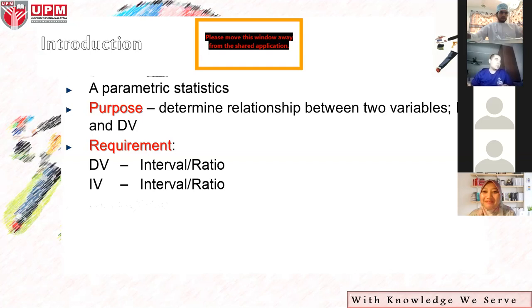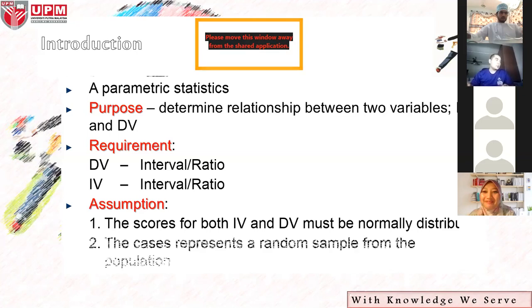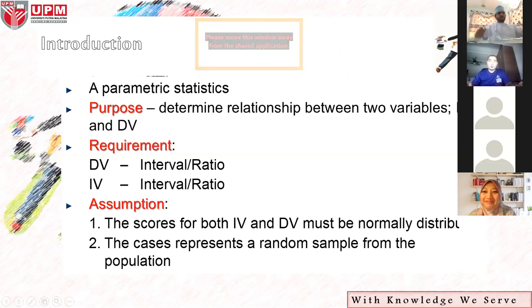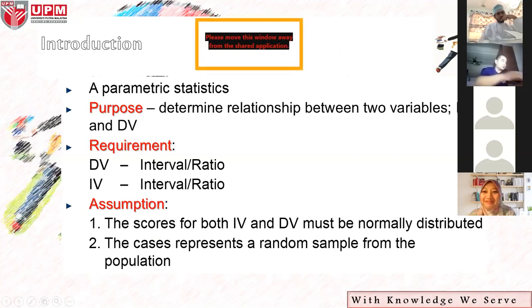In terms of the assumptions, there are only two that must be fulfilled. The first one, the scores for both IV and DV must be normally distributed, meaning that you need to check the normality assumption for both IV and DV. And then the cases must also be collected from a random sample technique.